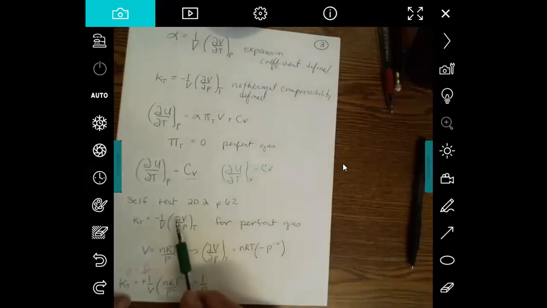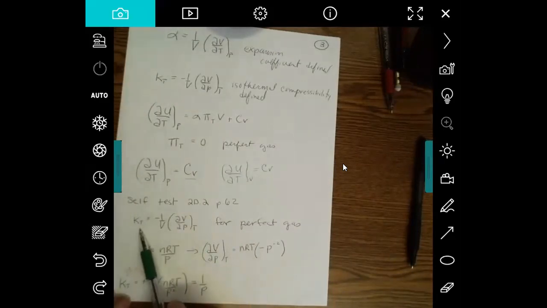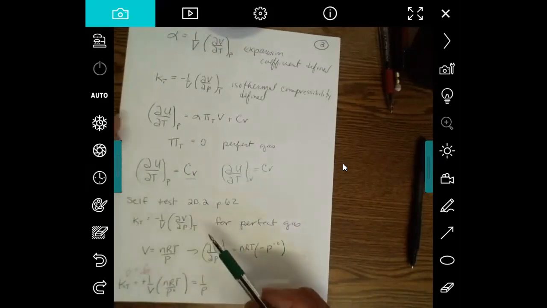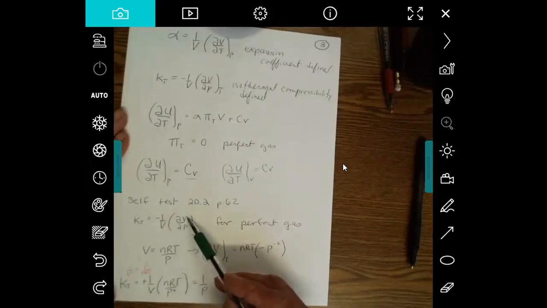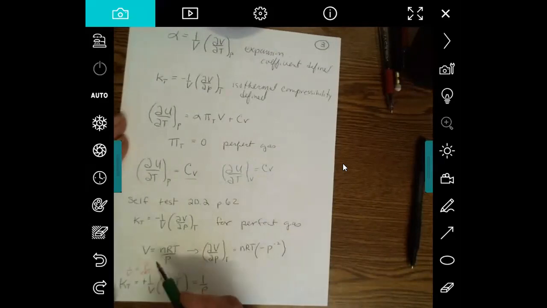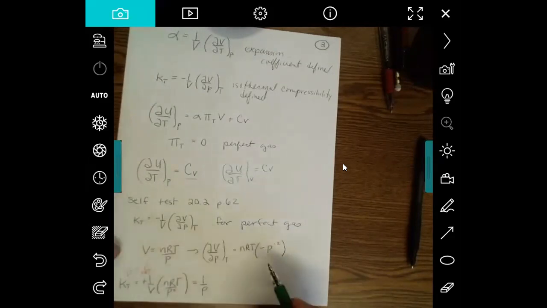If we look at the self-test on page 62, 2D.2, they want us to derive an expression for kappa T for a perfect gas. Kappa T is negative 1 over volume times the partial derivative of volume with respect to pressure holding temperature constant. The first thing I have to do is take PV equals nRT and rearrange it for V so I can take that derivative.